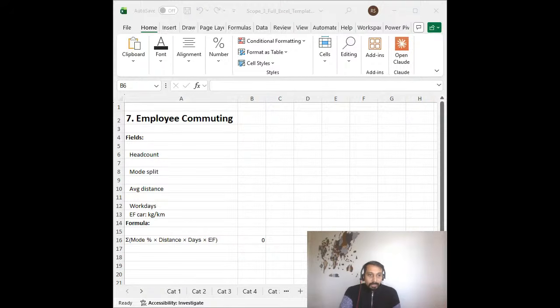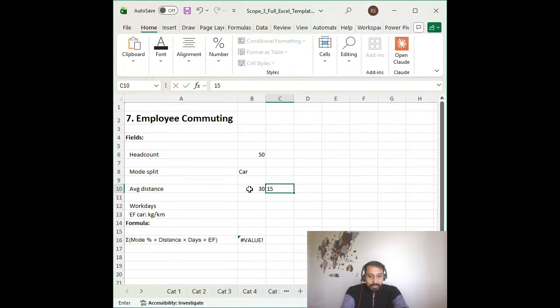So for example, here the head count will be 50 staff that drive through the car to their work location, and the average distance will be 15 kilometers one way, 30 kilometers both ways, and the work days in a year usually it's 220. So the emissions factor for the car is 0.18 kilogram per kilometer. You can mention that here.